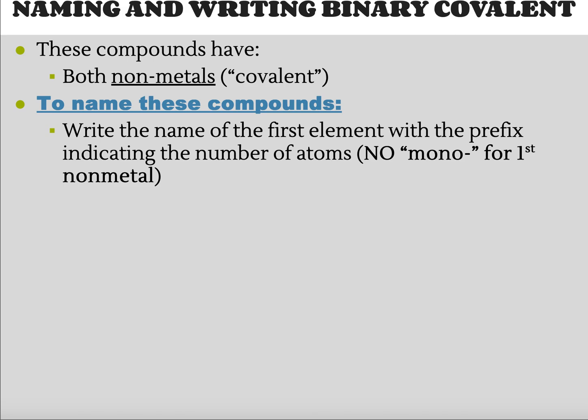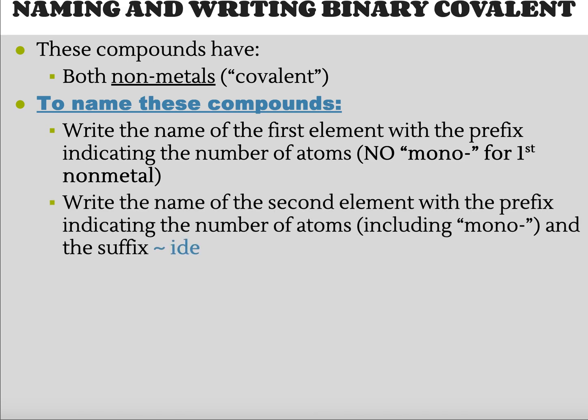To name the compounds, you simply write the name of the element and you use a prefix to indicate how many there are. Now, there are some exceptions to this process. For example, if it's the first element, we don't use the prefix mono. And the second element, we always change the ending to ide.